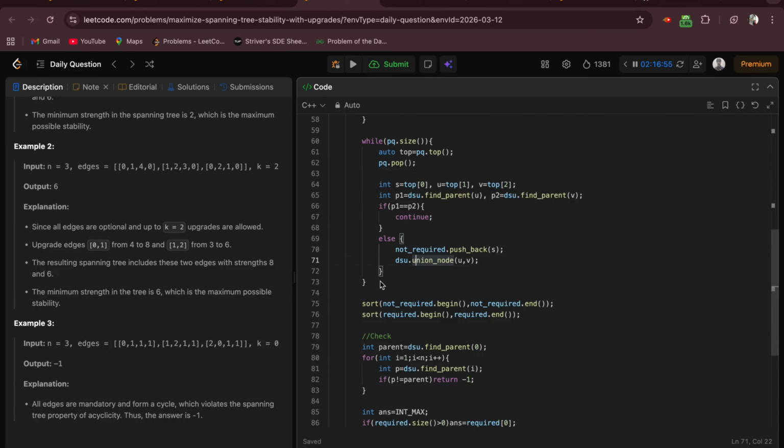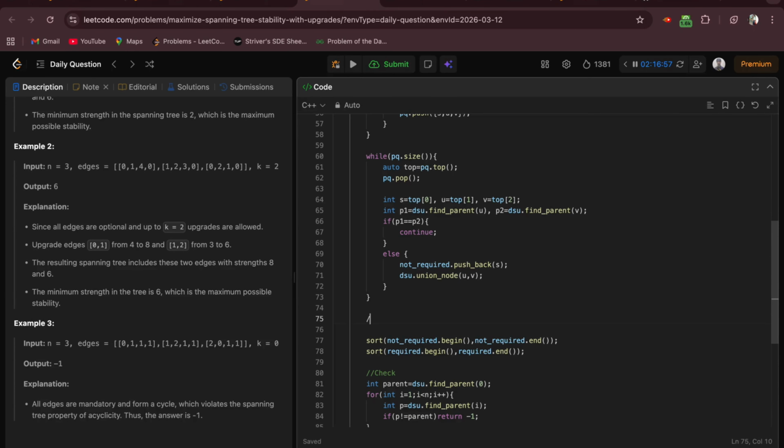So once this is done, we have a list right now with the edge strength, where required means must is equal to 1. For that edge the must was 1, and the list will be strength i, and that will be going like this.